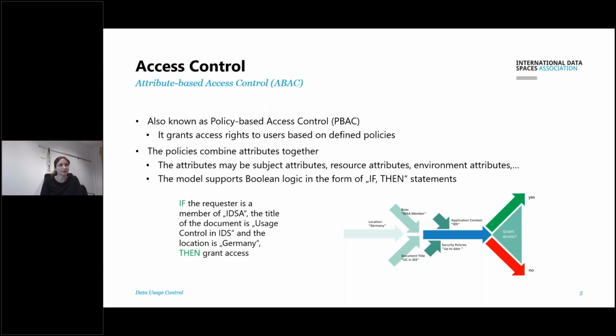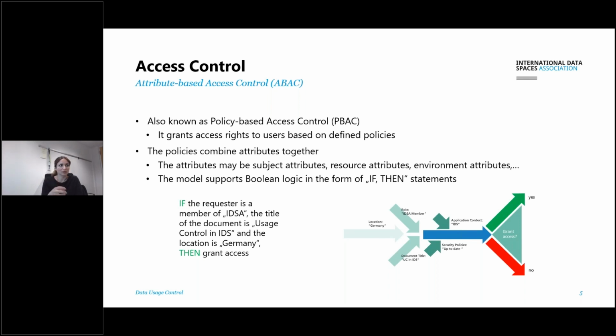So it grants the rights to the user based on defined policies. Policies combine attributes together. The attributes may be subject attributes, so it can be about the users themselves. It can be resource attributes, so the attributes that are referring to the data artifact. It can be environment attributes, and so on.